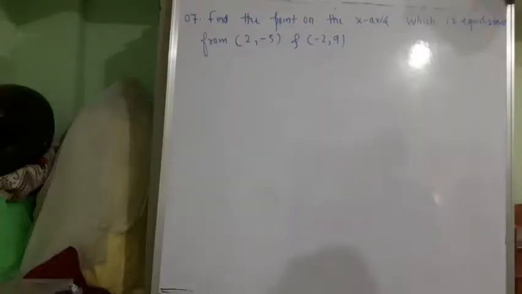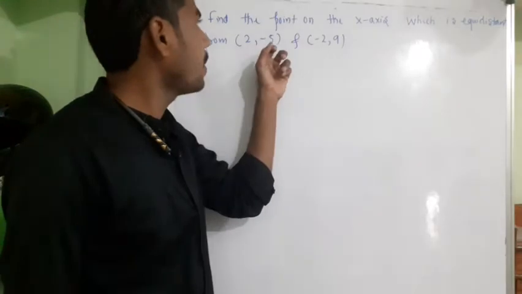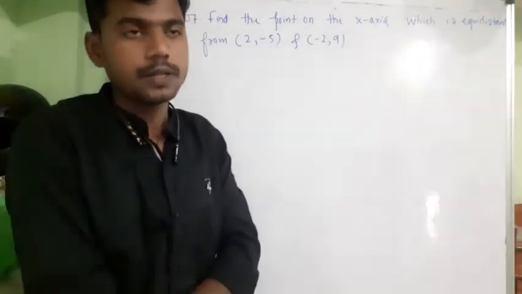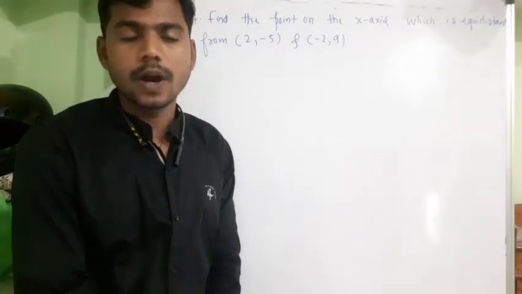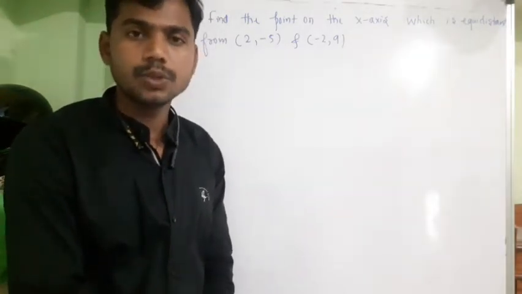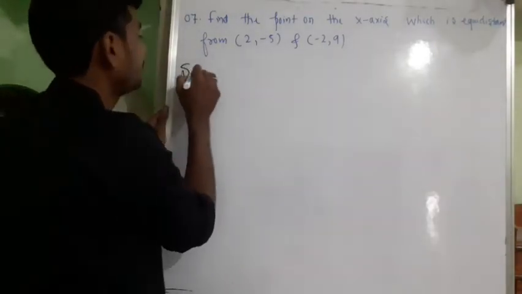Next question, 7th question. Find the point on the x-axis which is equidistant from (2, minus 5) and (minus 2, 9). If the point is on the x-axis, what should be the coordinate? It should be (x, 0). So we start with the solution.